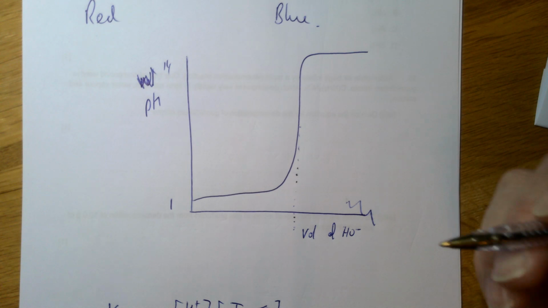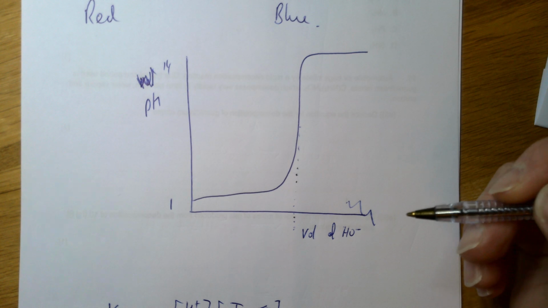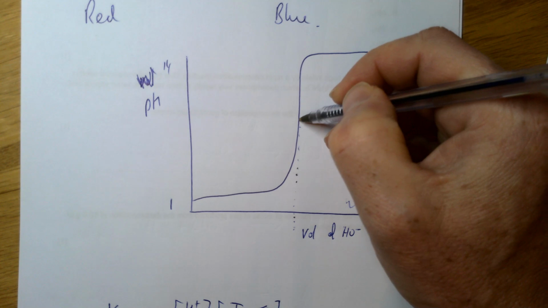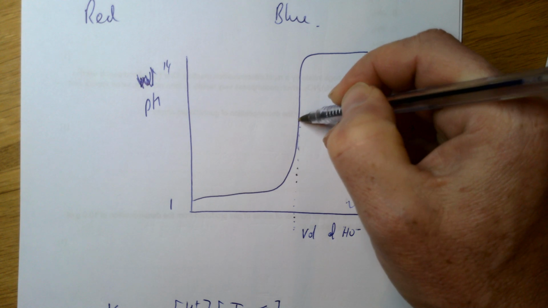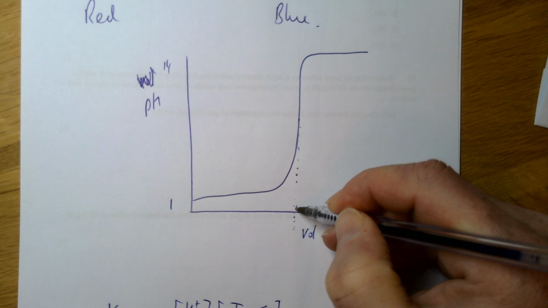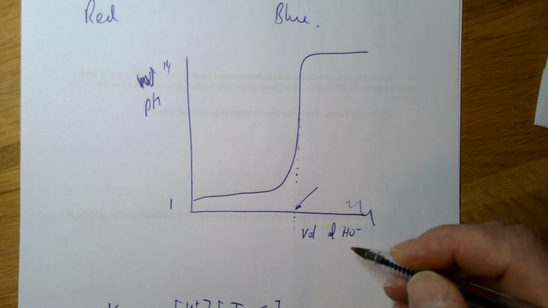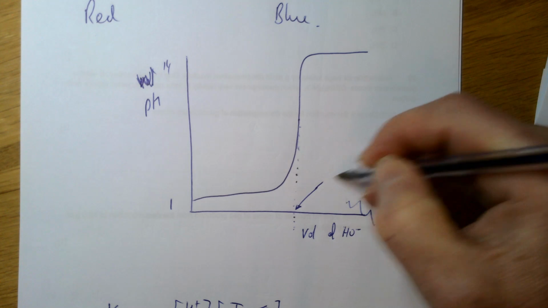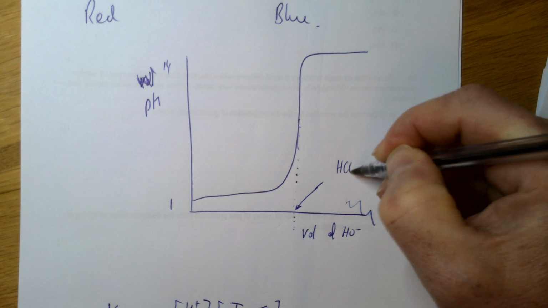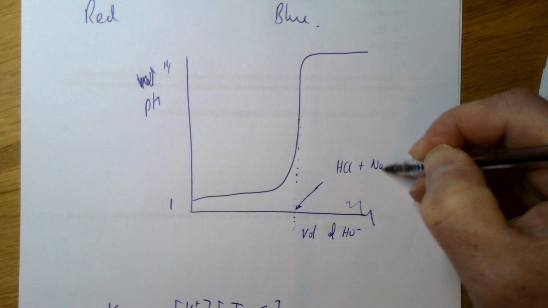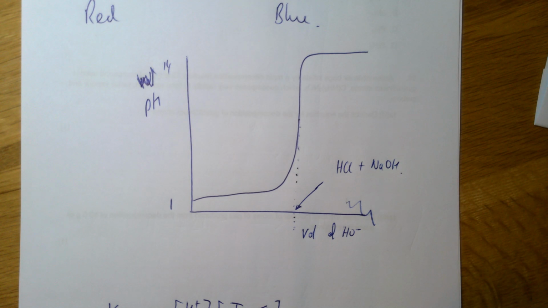The end point is the point at which it changes colour, but the equivalence point is exactly this point here on the graph. So in other words, the volume at which you've added in this titration the same number of moles of, say, the HCl and the sodium hydroxide. So the end point and equivalence points might be the same, they might be very similar, but they are not defined as the same thing.